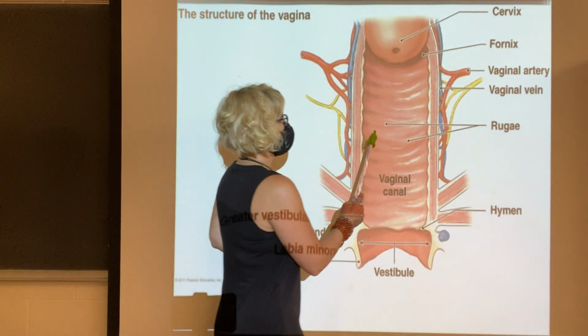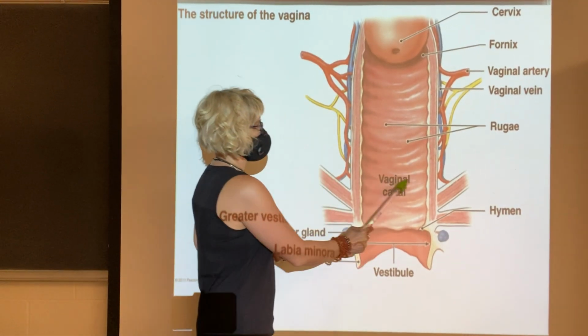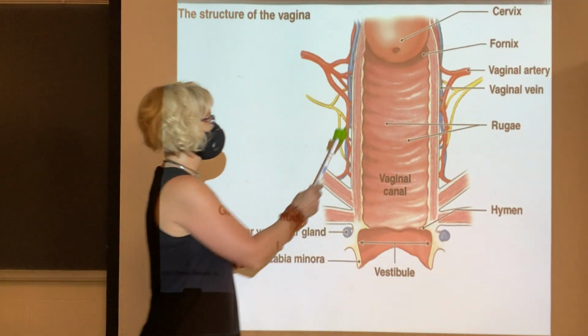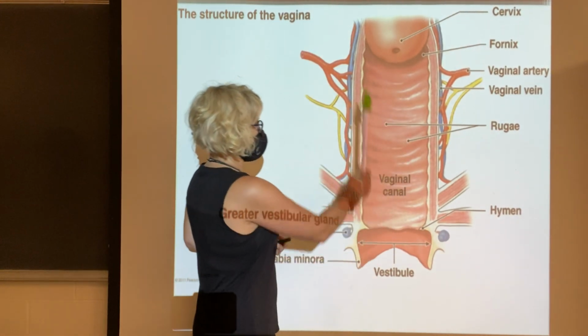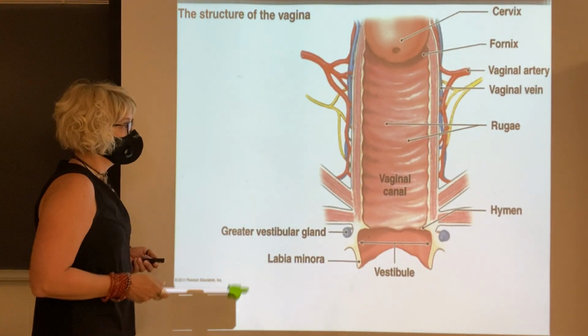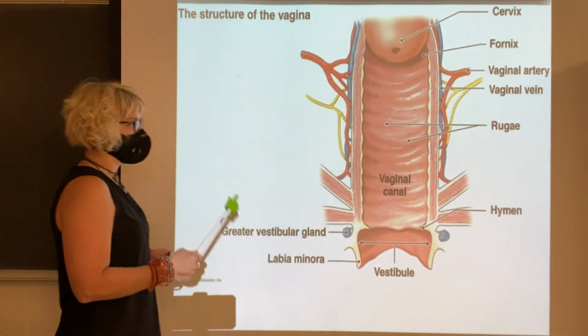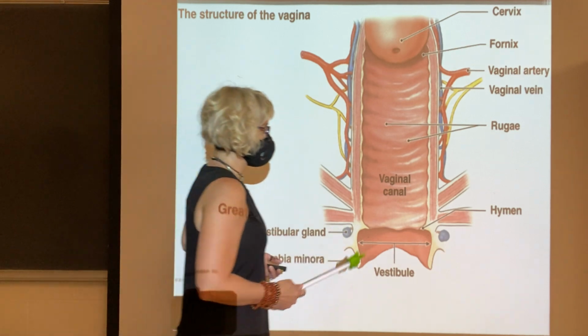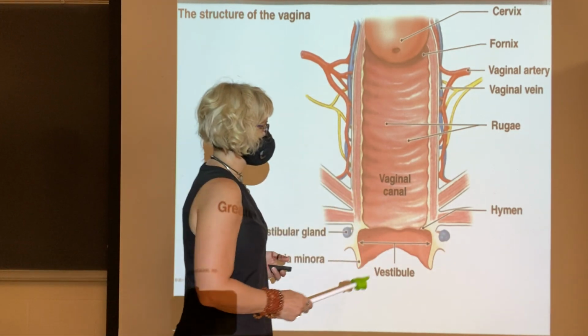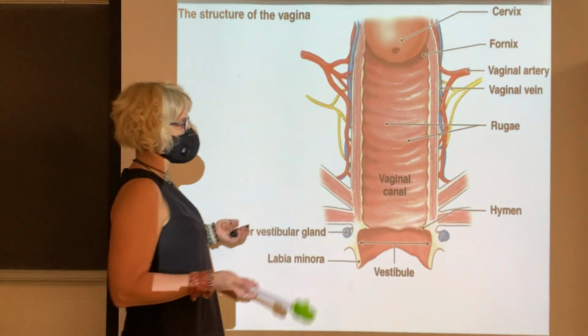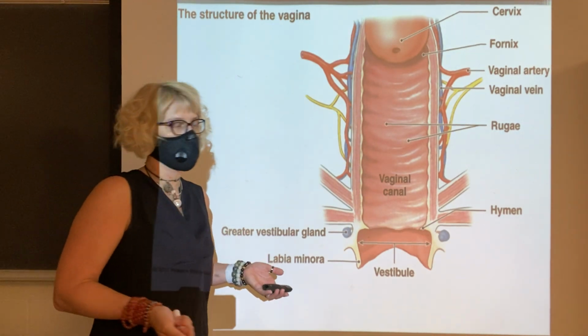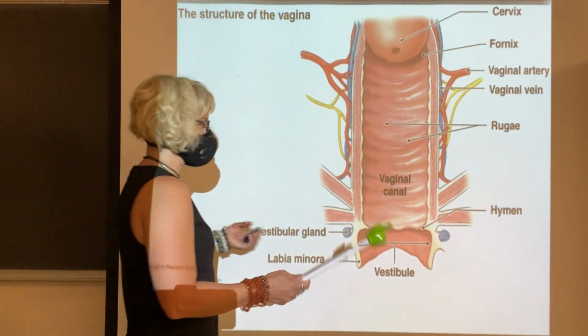Yeah. All right, so the rugae here. These are the ridges, and you're going to see them all the way up the vaginal canal. And here's the hymen. If you've never had intercourse, the first penetration, the hymen breaks, but they say that if you are a female that exercises, it ruptures anyway.